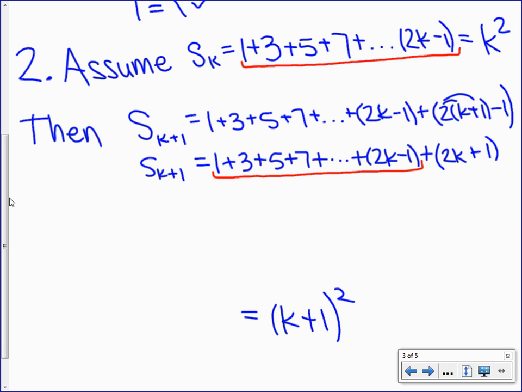So what can we do with this big long sum? We can say that 1 plus 3 plus 5 plus 7 plus and so on to 2k minus 1 equals k squared. And then we have plus 2k plus 1.